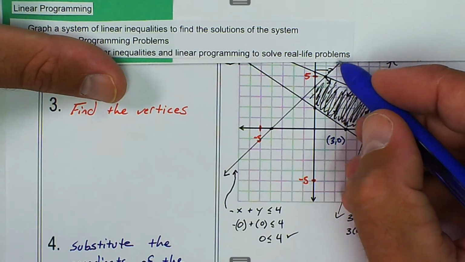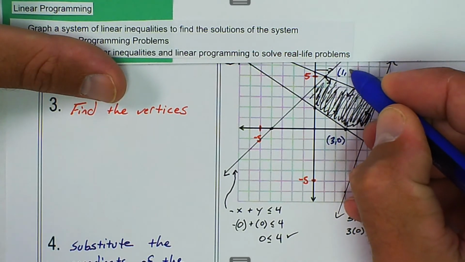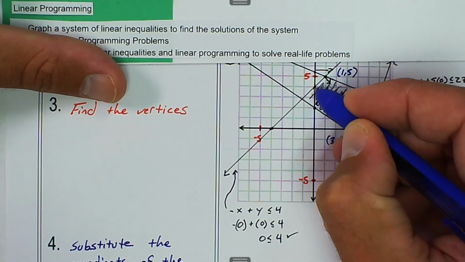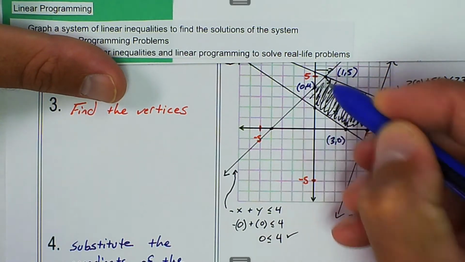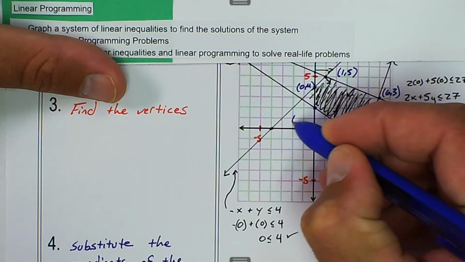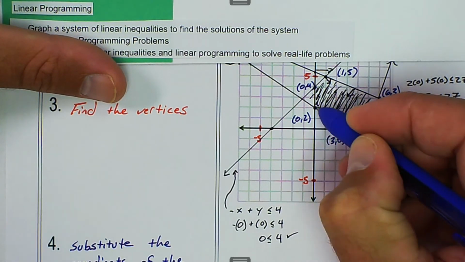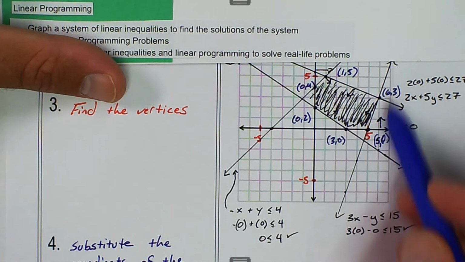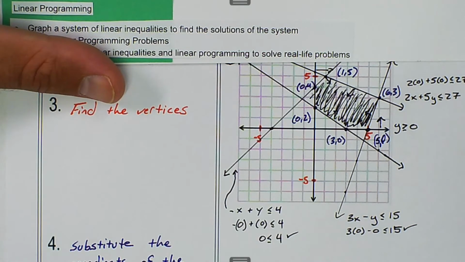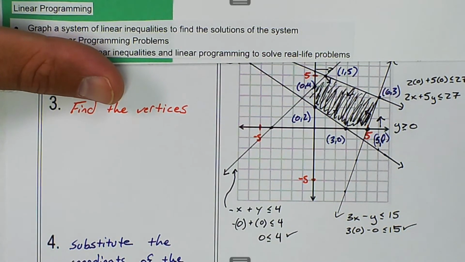We have 1, 5. We have 0, 4. And we have 0, 2. So we have 6 to check and see what we have there.